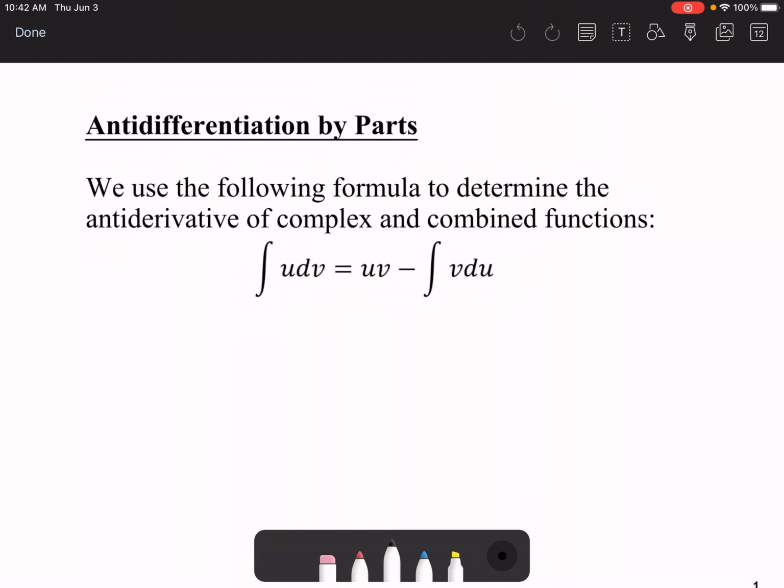This actually stems from the idea that you take the derivative of u and v, you get u dv plus v du. Well, if you take the integral of both of these parts, you'll get d of uv, dv, which cancels.